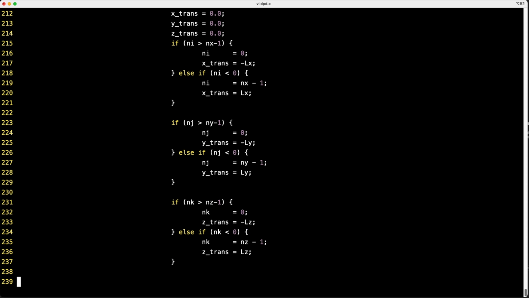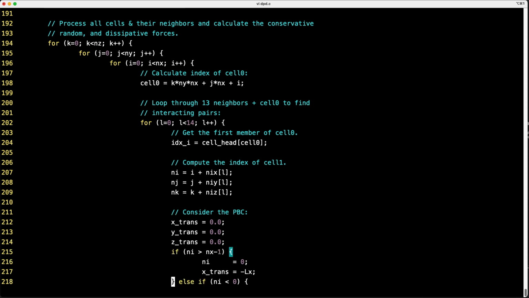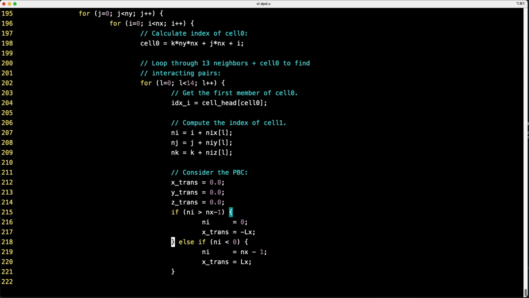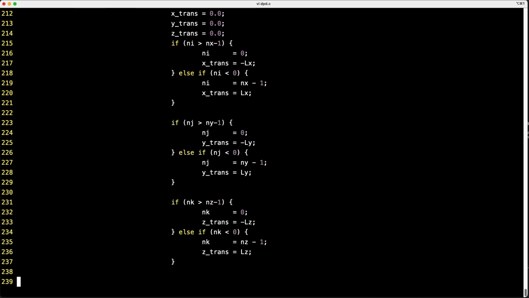Okay, so basically the reason that I did that first is this is giving us the index of the neighboring cell, but we need to make sure that we're not on the boundary. And so then we're going to check to see if we're on the boundary and need to correct those indices to account for the periodic boundary condition. And so at this point in the code, we know what the correct indices are, and now we can calculate the index of cell 1.